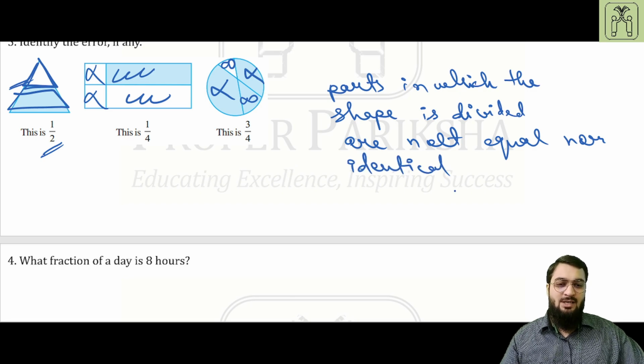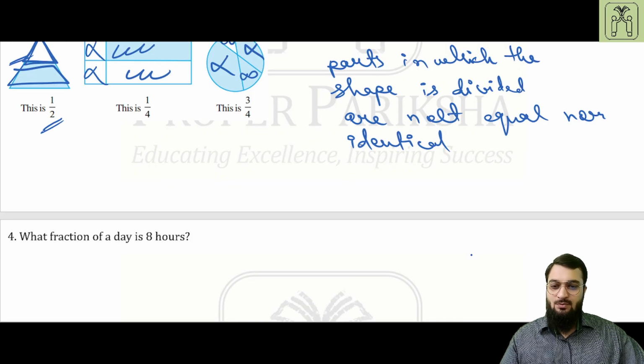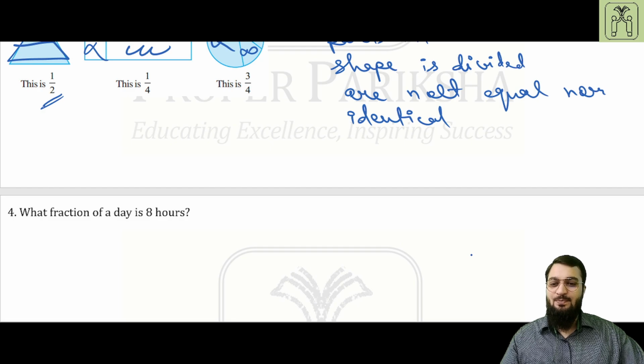So as simple as that, since the parts in which it is divided into are neither equal nor identical. Question number 4. What fraction of a day is 8 hours?